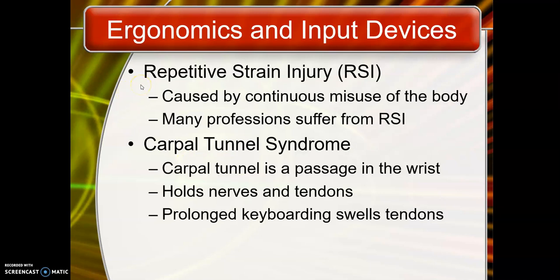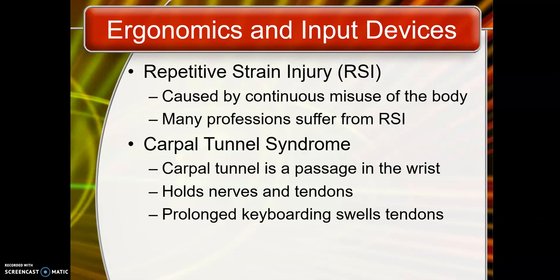There are different types, like first of all we see repetitive strain injury. This is a type of strain caused by using electronic devices or different electronic tools for a longer time. It is caused by continuous misuse of the body. Many professions suffer from RSI. For example, if you are a computer scientist or you interact with a computer device for a longer time, you see that your wrist is feeling pain, and the nerves are swollen, and the tendon is also swollen.